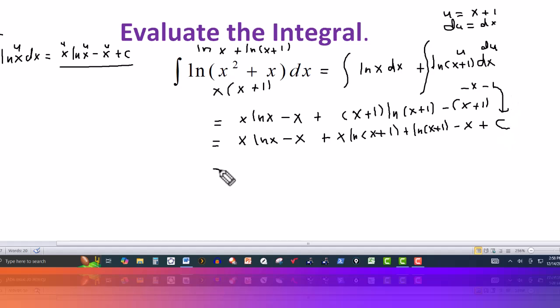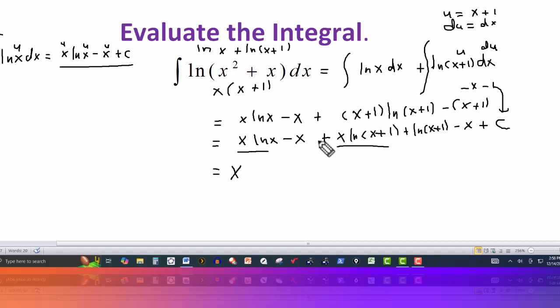Now let's simplify this a little bit more. Let's look at this one here and this one here. I have x ln of x plus x ln of x plus 1, so I'm going to factor an x from those two. There's the x, and that leaves me with ln of x plus ln of x plus 1.